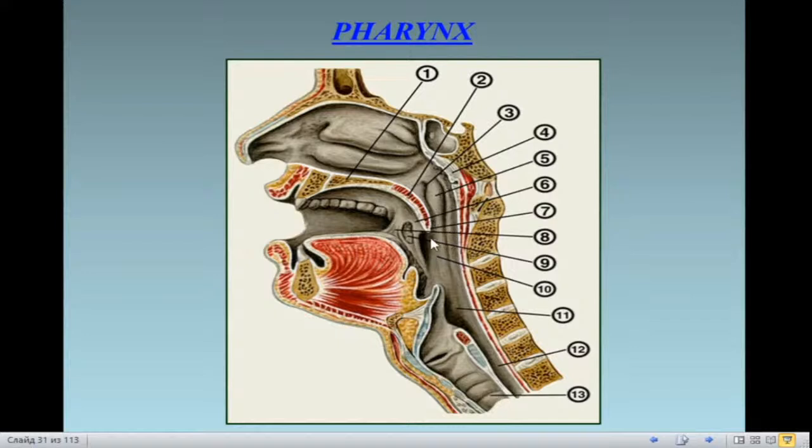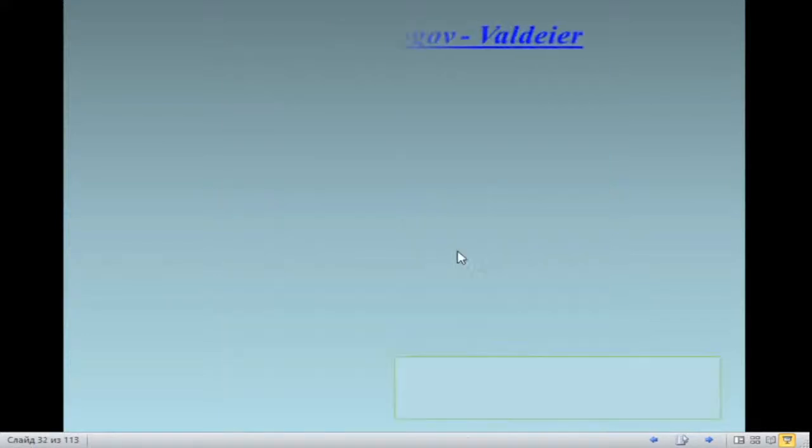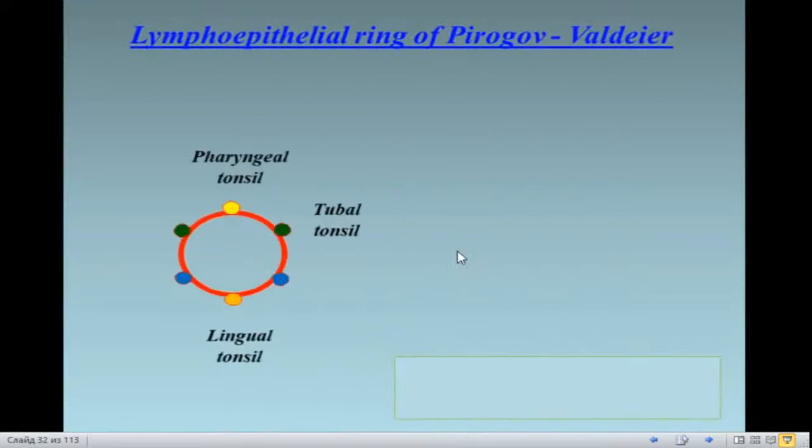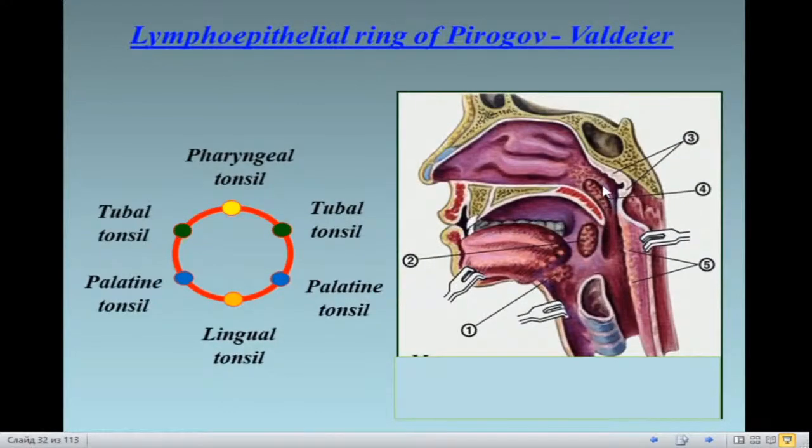Also, it's full of lymphoid tissue and lymphoid structures. In this picture, I will show you the location of the pharyngeal tonsil. It's not grape-like, it's a flat lymphoid tissue, which is called the pharyngeal tonsil. It accomplishes immune function.